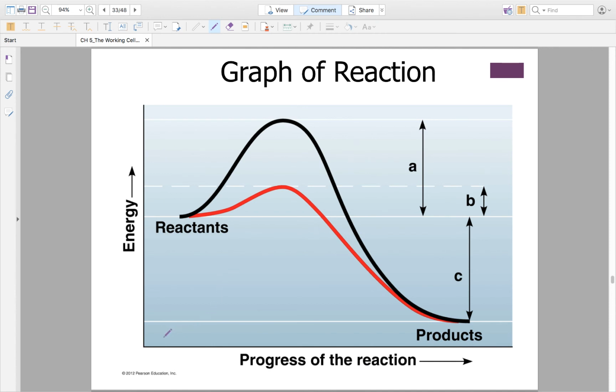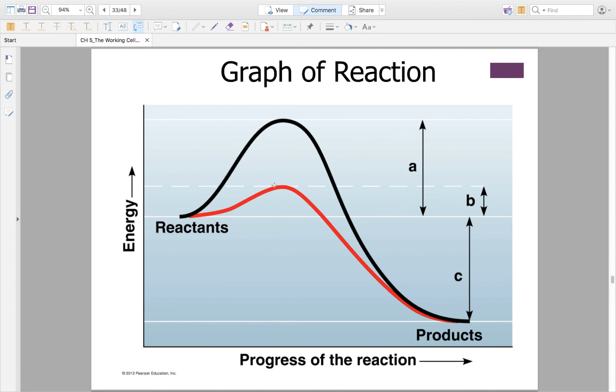Now, the black line represents one type of reaction, and the red line represents a different type. Now, which one is representing a reaction in the presence of an enzyme, and which one is representing a reaction in the absence of an enzyme? You tell me. Is it the black or the red?